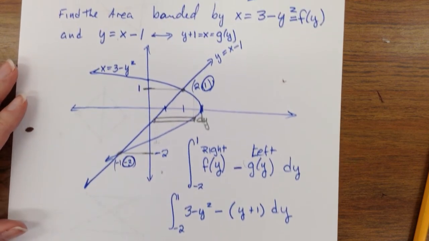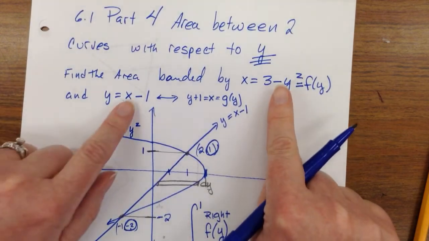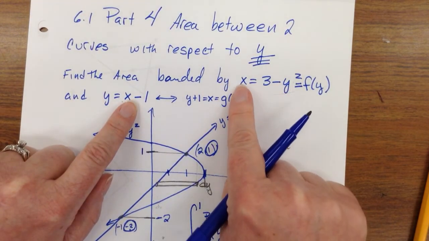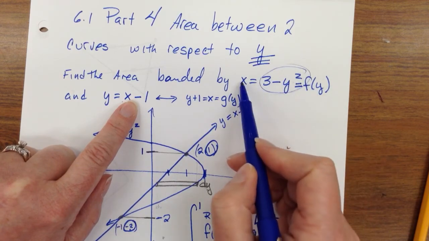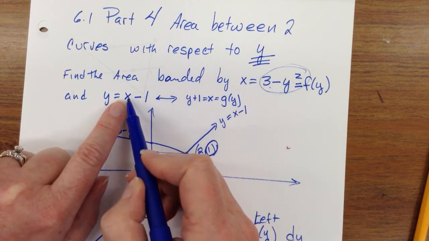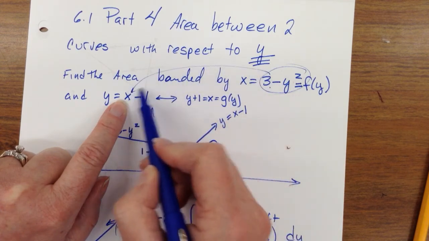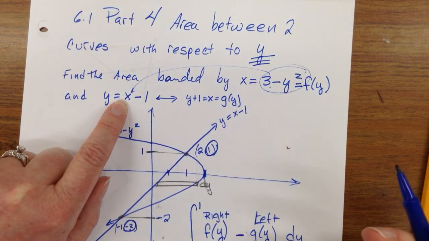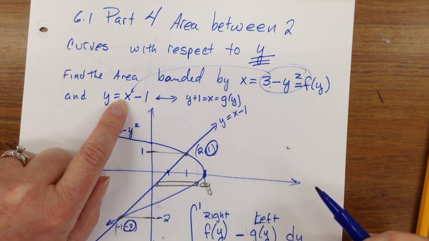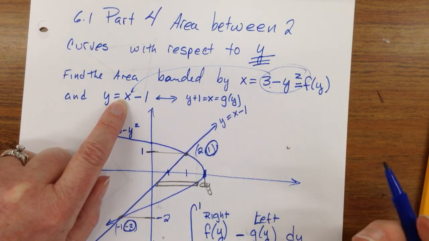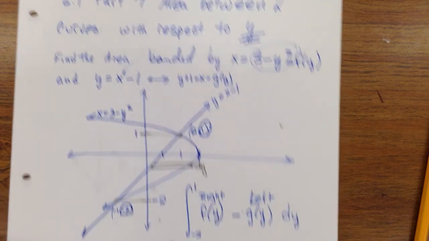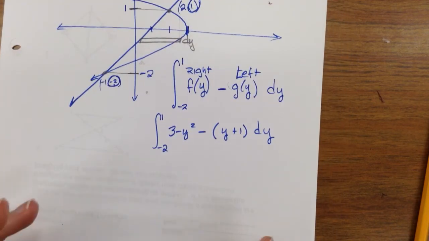In order to find our points of intersection, we need to be able to set these equal. Because of the way this is set up, I would probably use direct substitution. I would fill x equals this stuff into x and then solve that quadratic for the y variables. If you need me to do that when we get together, we can do that, but I think you can figure that out. So, from here, we integrate just like always.